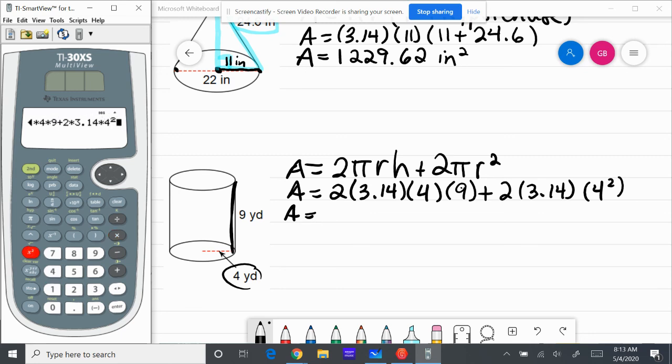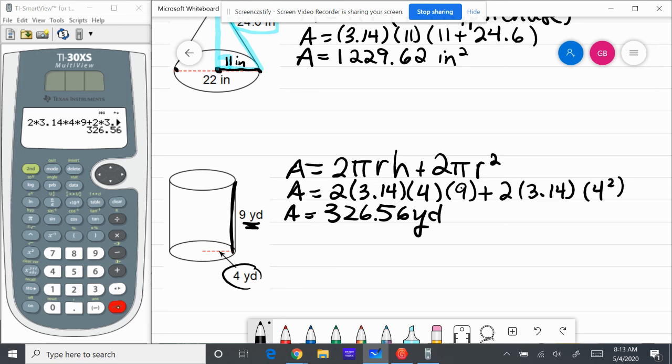Okay, double check before I hit enter. It looks good. And we have 326.56, and we have yards squared. That's it.